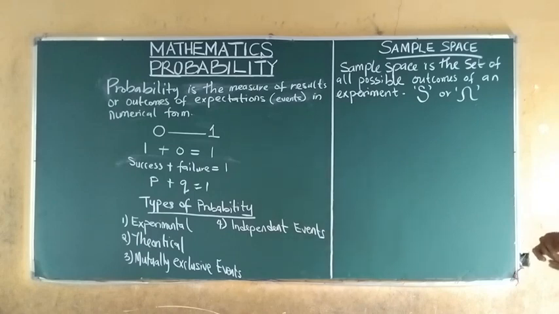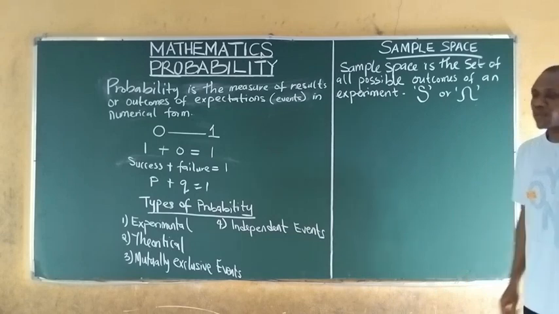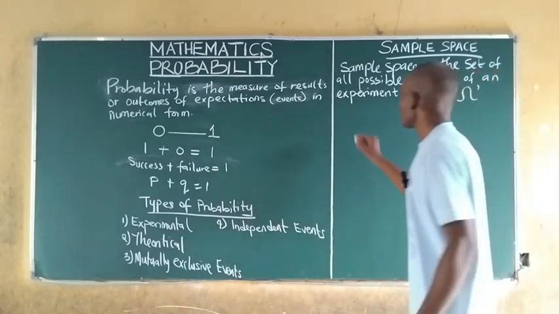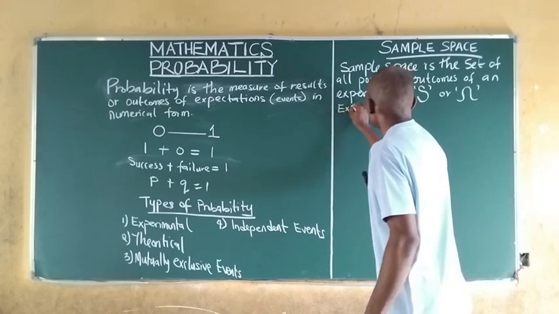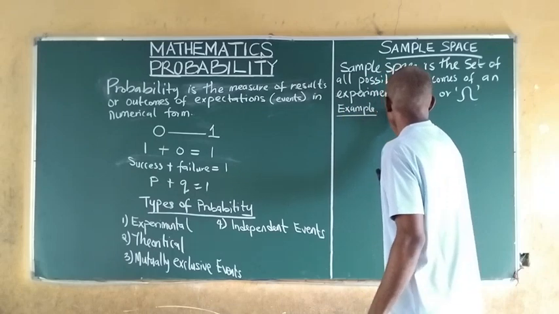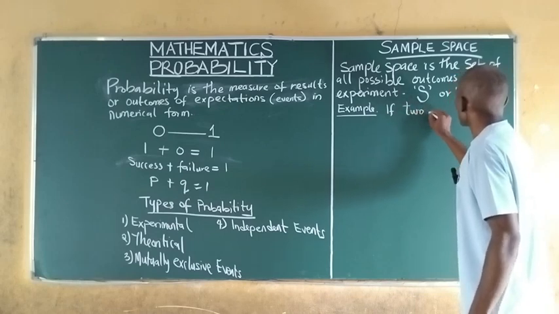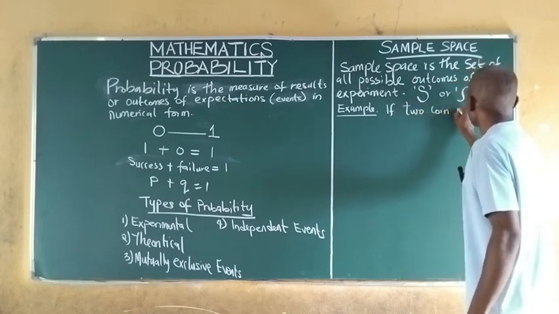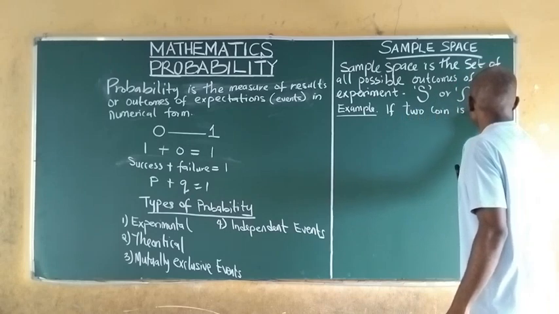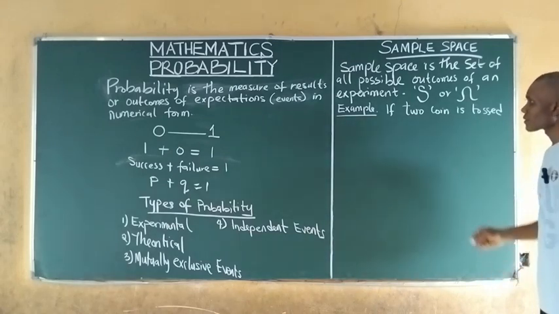So what does it mean when we talk about the sample space? For example, if 2 coins are tossed, what will be the sample space?